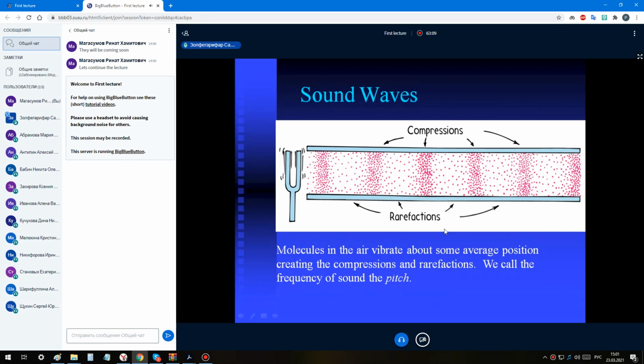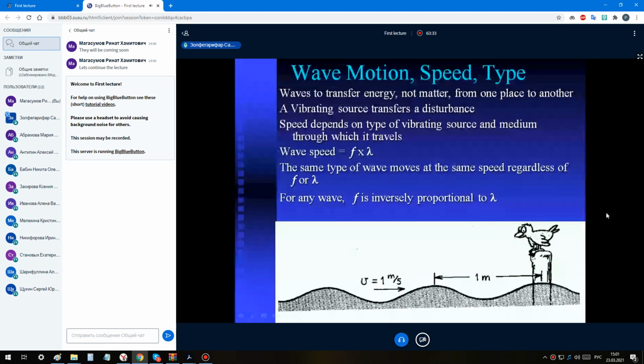Also, wave motion, speed, and time. Waves transfer energy, not matter, from one place to another. A vibrating source transfers a disturbance. Speed depends on the type of vibrating source and the medium through which it travels.